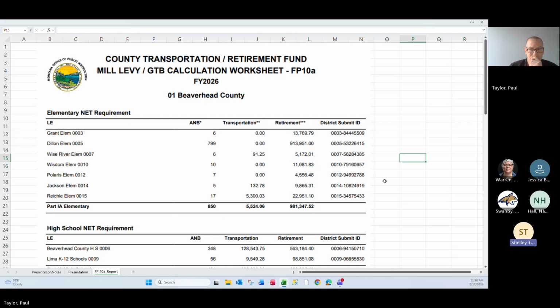I think that, I mean, if a school district can go back and double check their district ID number and make sure that their report matches, at least they know that whatever numbers they finished with and submitted with were the numbers used by the county to make the calculations. I don't know if there's a mechanism that would catch if a school wasn't submitted yet and they tried to submit this form for some reason without the county submit or without the school submission.